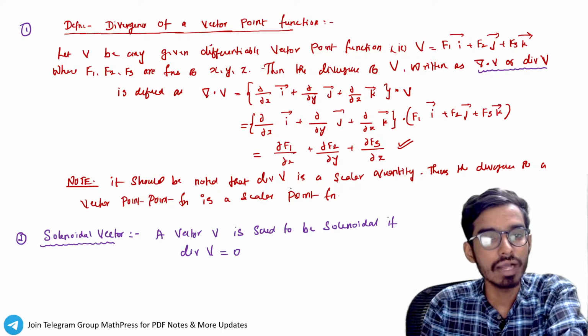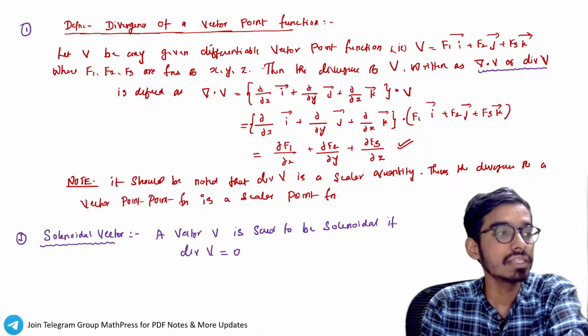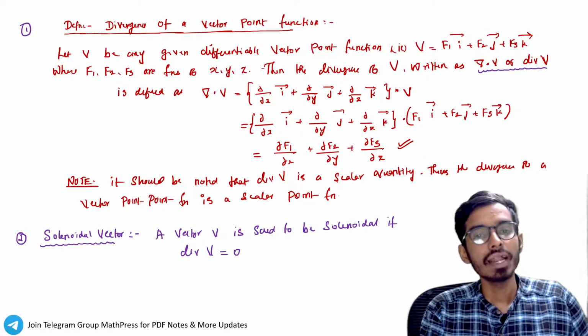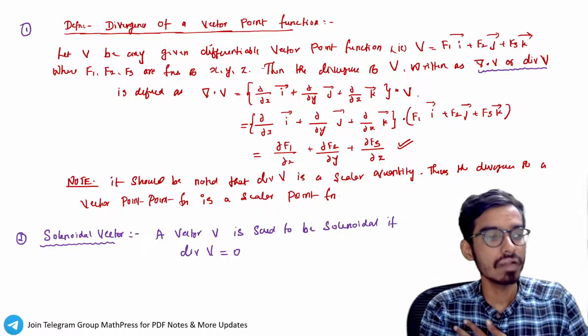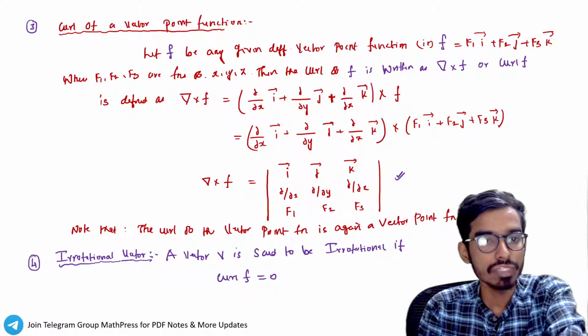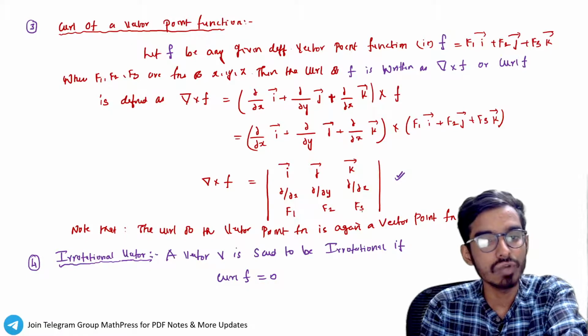So just go through all the definitions. How to find divergence? You just differentiate the first component with respect to x, the jth component with respect to y, the kth component with respect to z, and if this is equal to 0, then that vector v is called a solenoidal vector. And if you want to find curl of f, you just put i, j, k, the del operator dou by dou x, dou by dou y, dou by dou z, and the components f1, f2, f3.